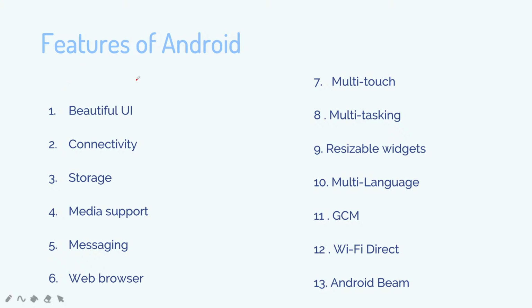The future of Android. First thing is a beautiful UI, that is user interface. If you take iOS, from the starting iPhone series like SE to now iPhone 10, 11, they are giving updates for all the mobile series, for each and every iOS update.